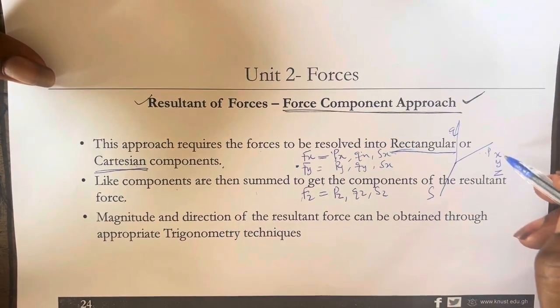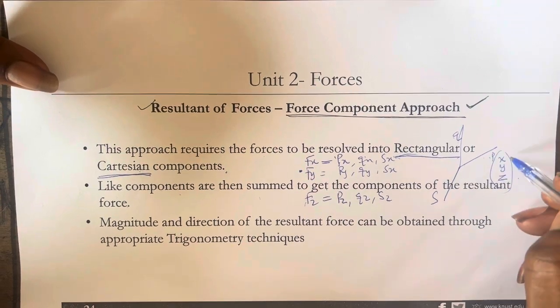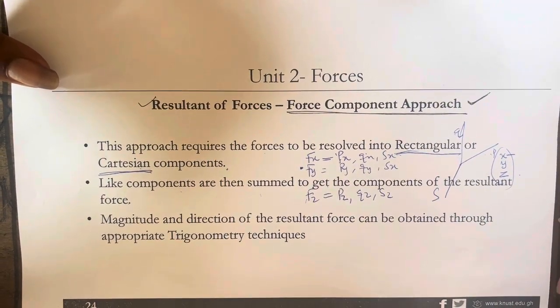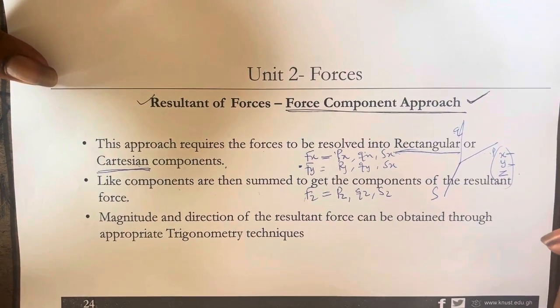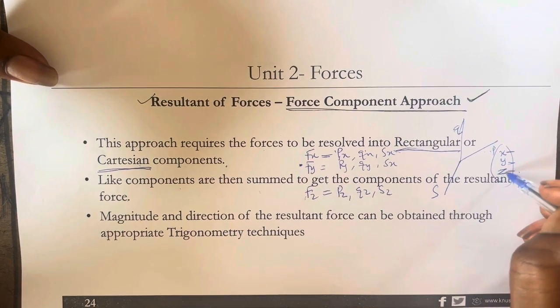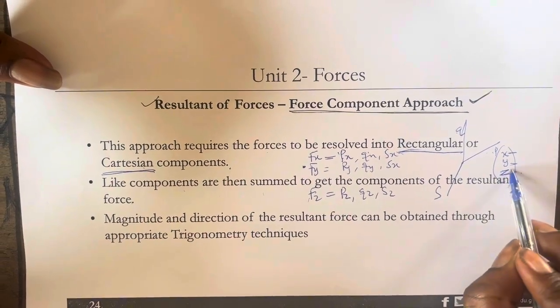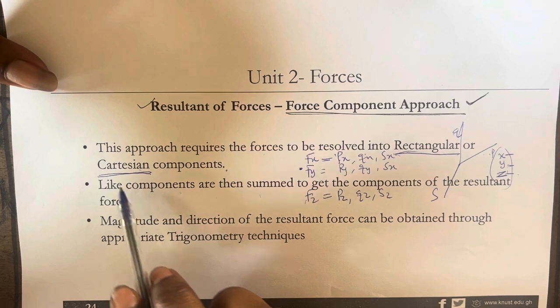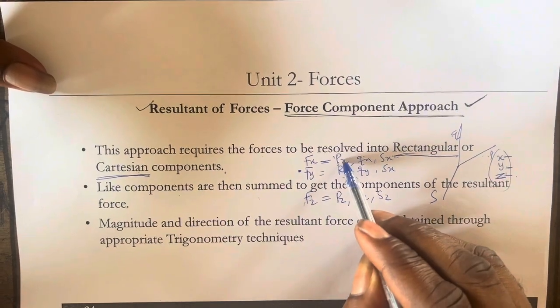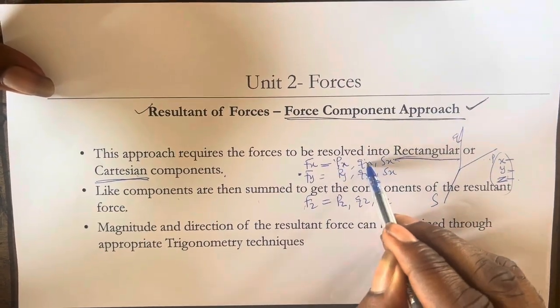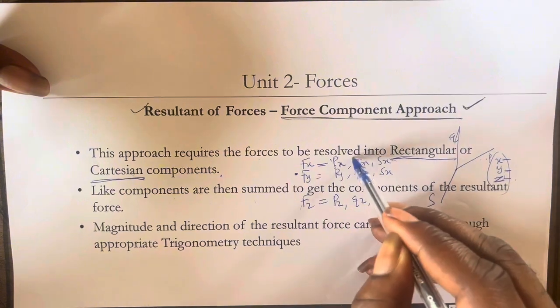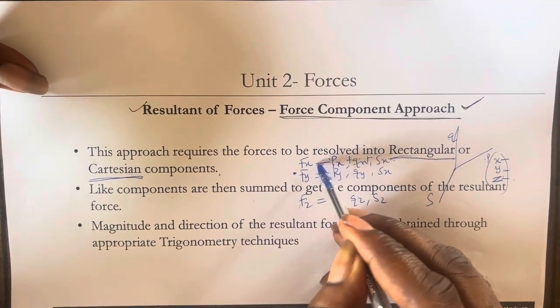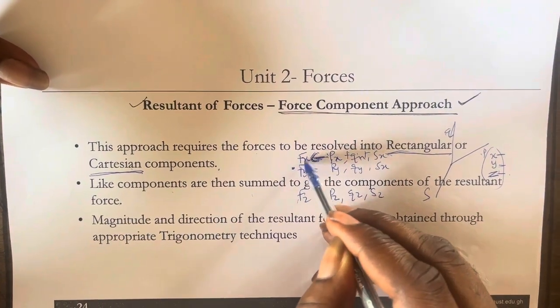Because we realize that in 3D space, we are either on the x horizontal plane, the y vertical plane, or the z plane. So we resolve all these forces into their planes and like components. For instance, Px, Qx, Sx will be added together to get the resultant force Fx.